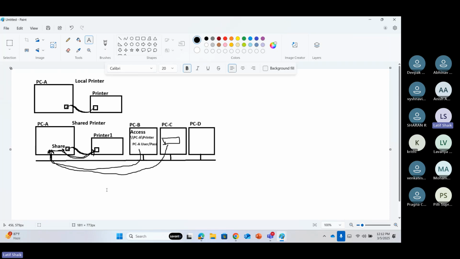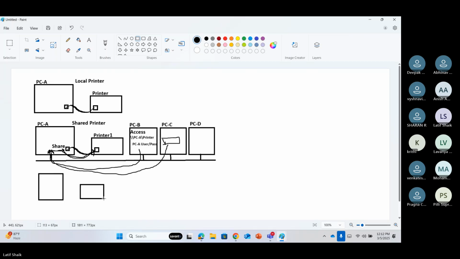Guys, do you understand what this shared printer concept is? No one is speaking anything.